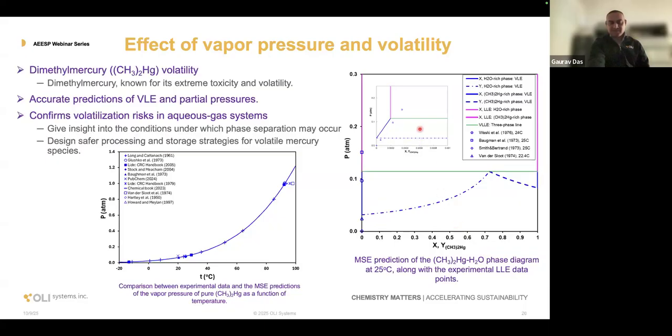Most of the data, a few data points, are available within the water-rich phase. So we have now predicted and constructed this VLLE diagram ranging across different compositions of water and dimethyl mercury, which are very important for devising LLE or VLE separation processes of these compounds.